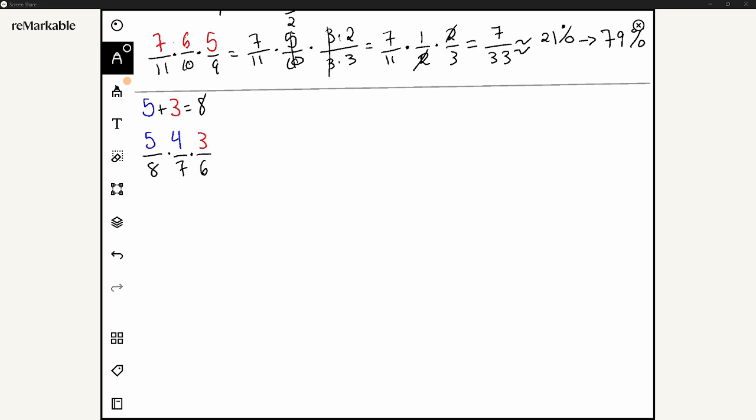Again, not the nicest thing to work with, but hopefully the astute among you will notice we have 1/2 here and we have 1/2 here. So this isn't really 5 times 4 times 3. It's really 5 over 7 times 2 times 2, which is, of course, 5/28.